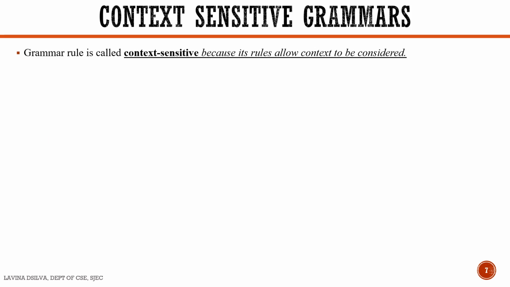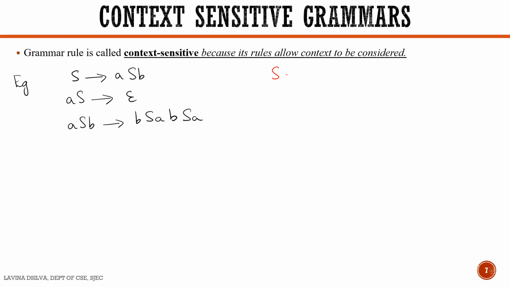A grammar is called context-sensitive grammar because its rules allow context to be considered. For example, consider rules like S tends to ASB. Then we have AS tends to epsilon. Then we have ASB tends to BSA. Okay, consider this scenario. Now we start off with the derivation as S tends to ASB.